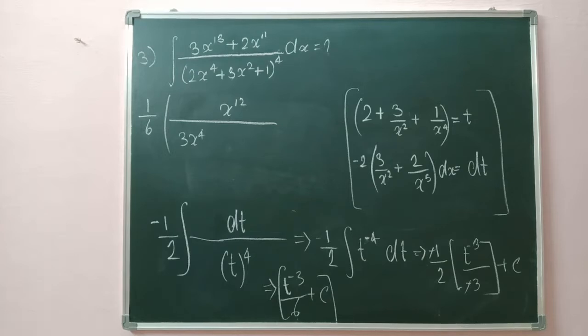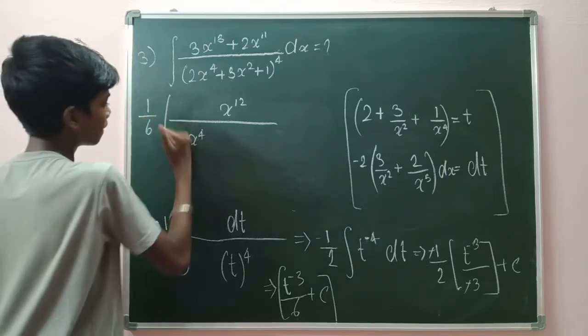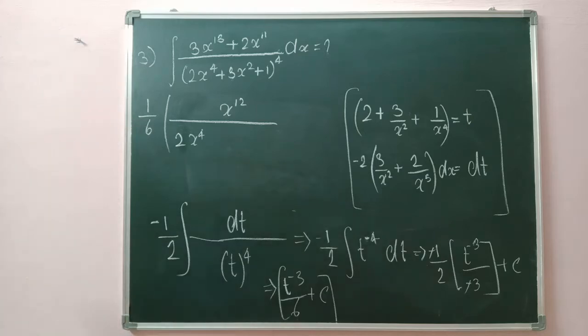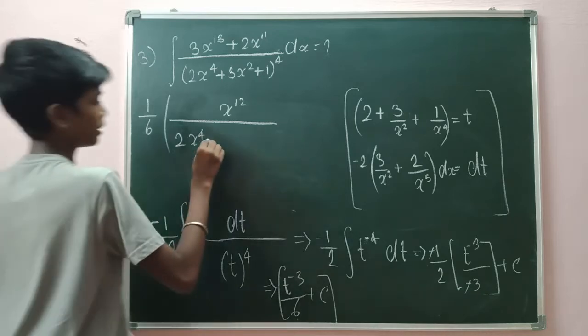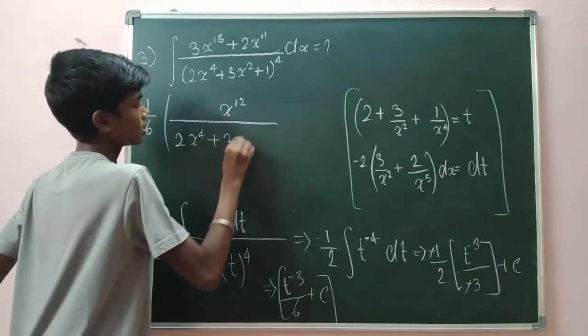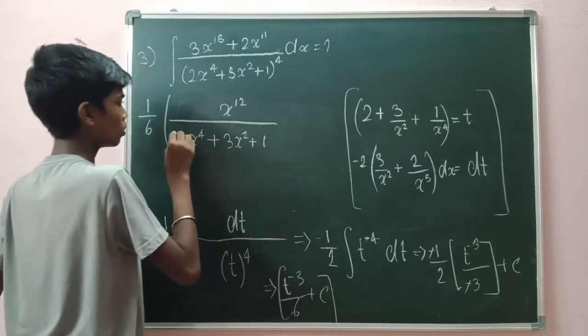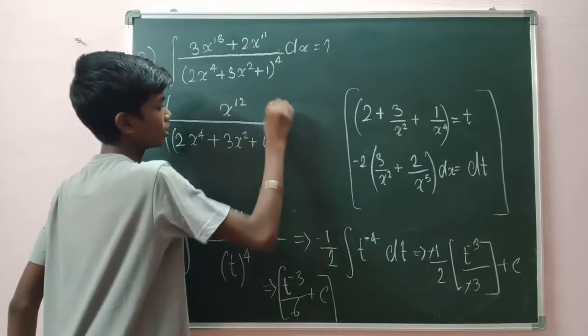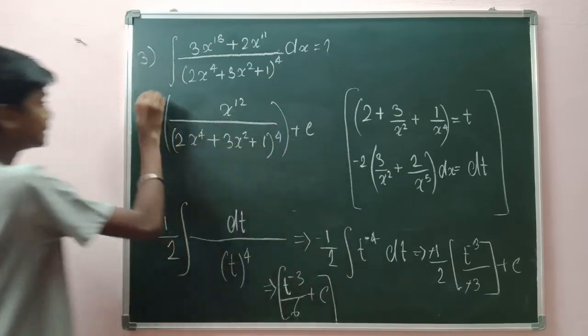Then x power 12 by 2x power 4 plus 2x power 4, so t power minus 1 by 3 will be 2x power 4. Then plus 3x square, then plus 1 whole power 4, then plus some constant is the answer for the question.